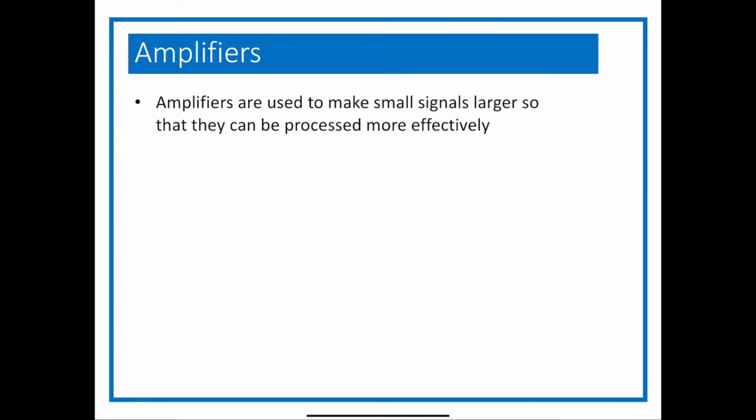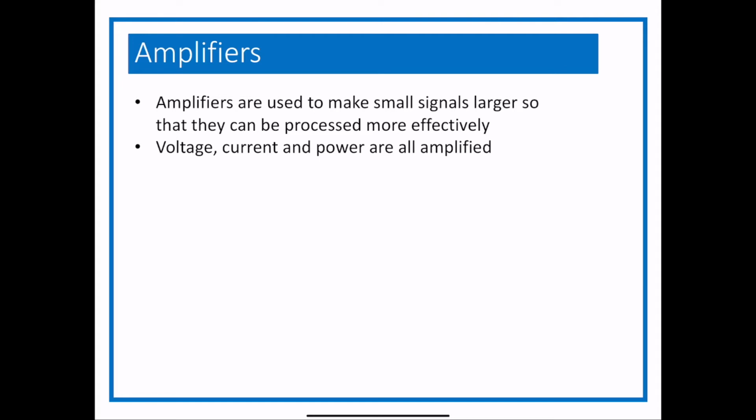Amplifiers we talk about a lot in this class. Amplifiers are basically used to make small signals larger. And there are many, many reasons why we might want to do that. But in general, we want to amplify voltage, current, and power. They're all amplified. It just depends on what we're actually looking for.